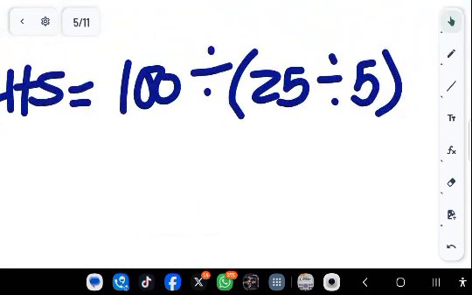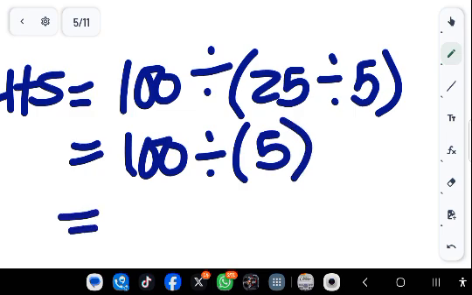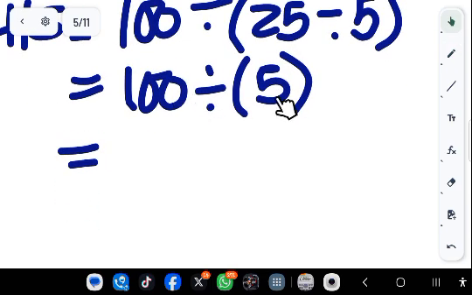So let's work out the sum in brackets. That will be 25 divided by 5. That gives us 5. If you're not sure, use a calculator. Now 100 divided by 5 is, we know that 100 divided by 10 is 10. So 100 divided by 5 will be twice that amount. It will be 20. So on the left hand side, that is 20.